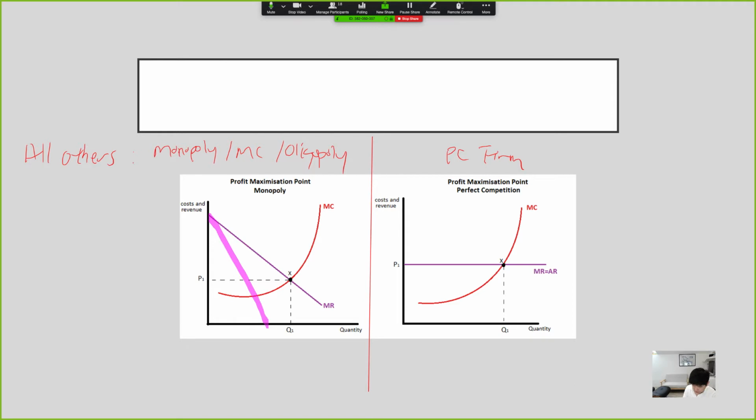So for all other firms, your curve looks like that. Only your PC firm curve looks like that. Now, for all other firms, your demand, I'm going to erase something first for you.